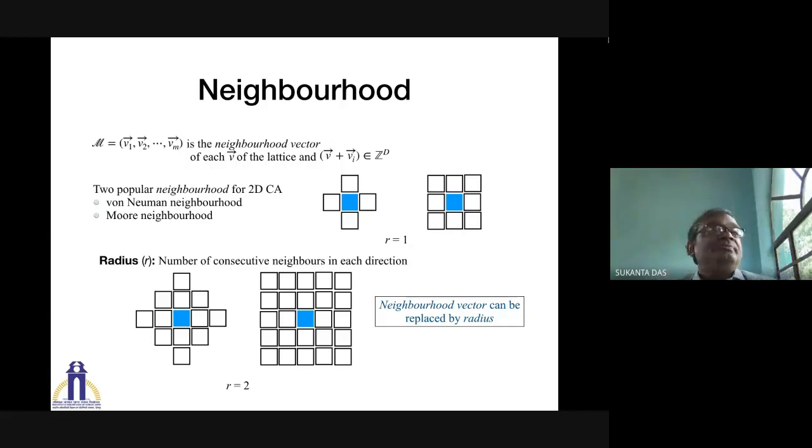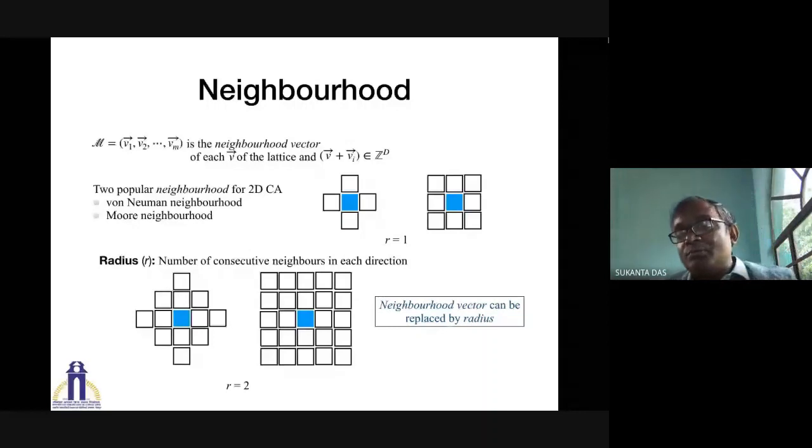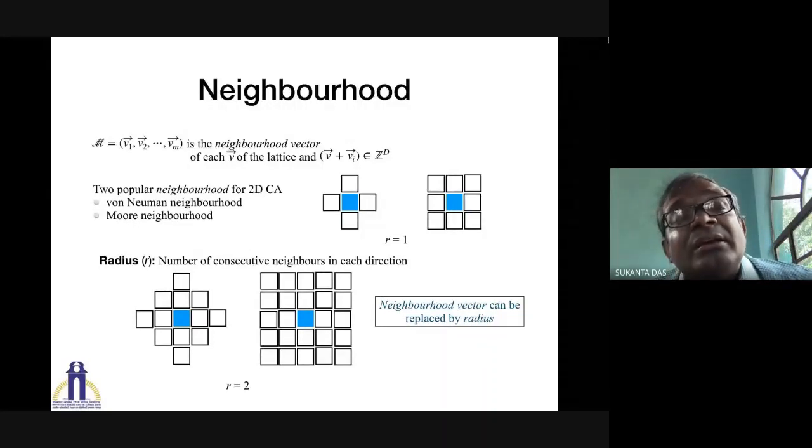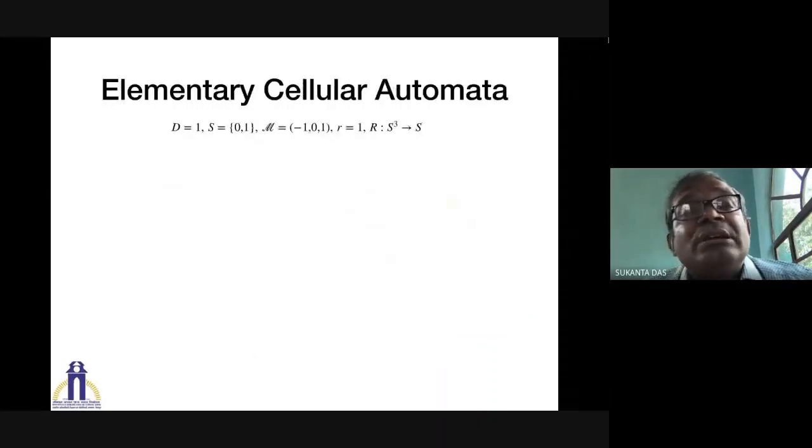Okay. Now let us move to a special class of cellular automata called elementary cellular automata. Till now we have discussed configurations, finite configurations, periodic configurations, and the neighborhood.